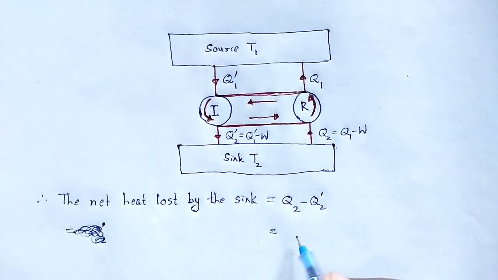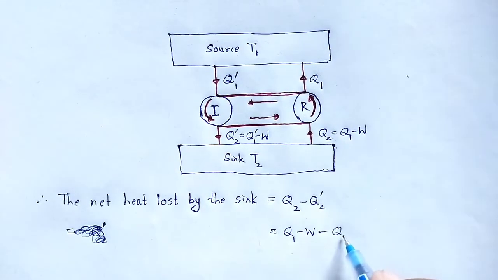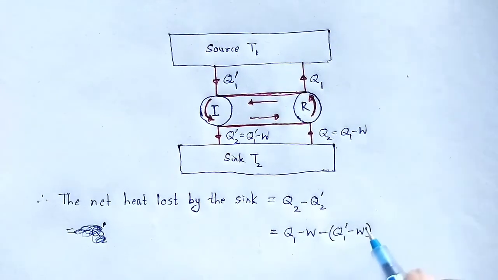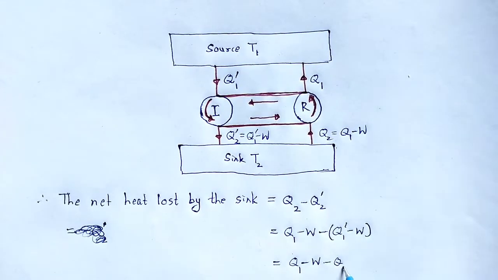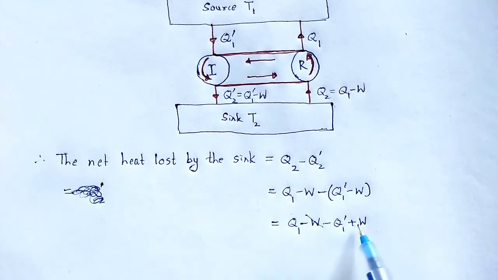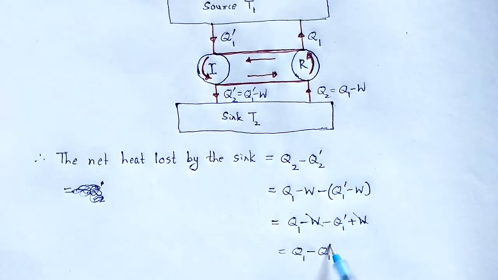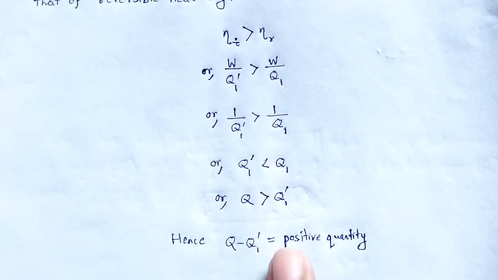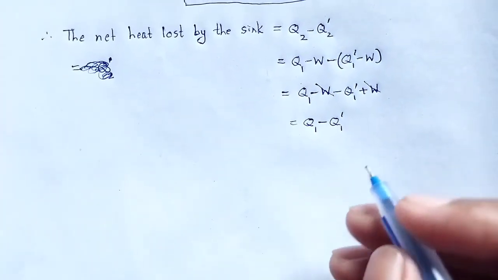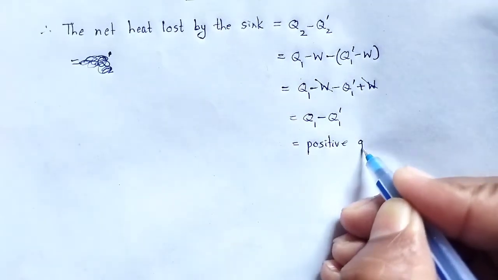In place of Q2 I substitute Q1 minus W, and in Q2 dash I substitute Q1 dash minus W. So, that is Q1 minus W minus Q1 dash plus W. W cancels out, which is Q1 minus Q1 dash, which is a positive quantity, as we discussed before.